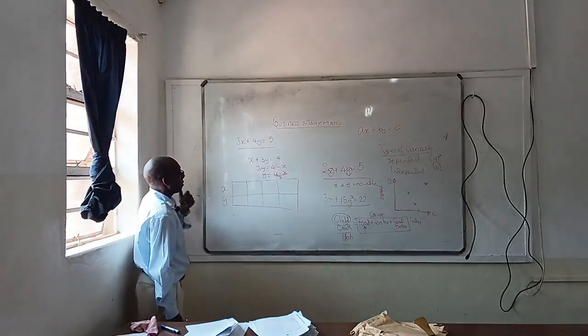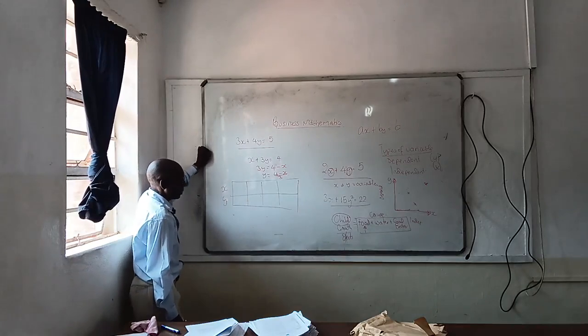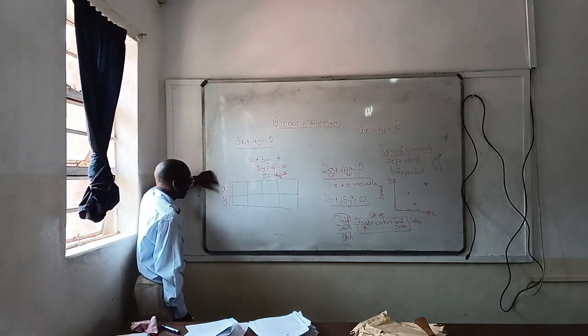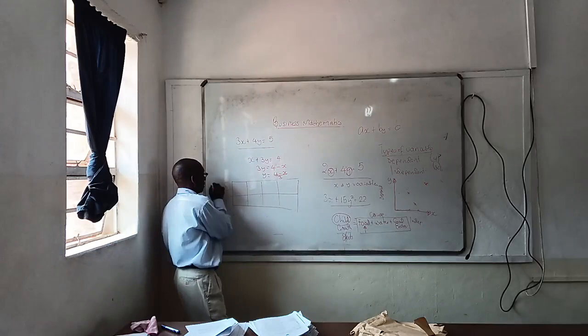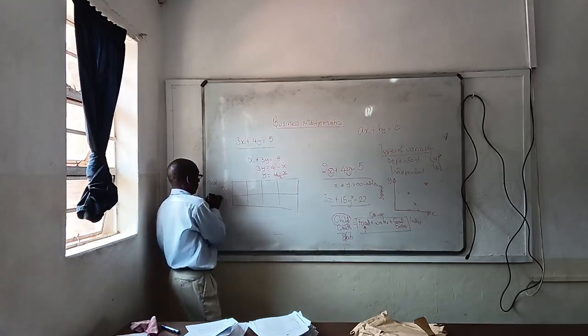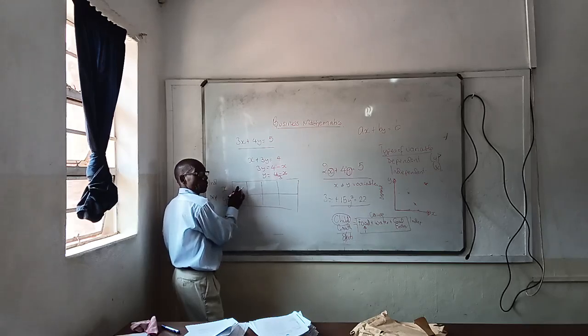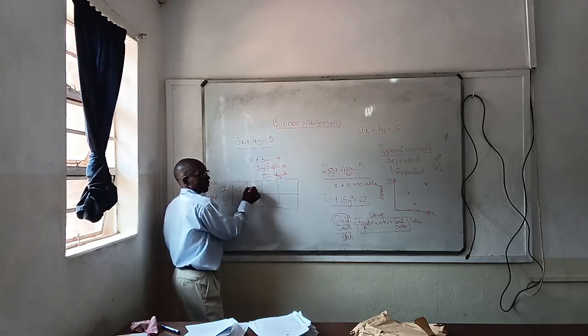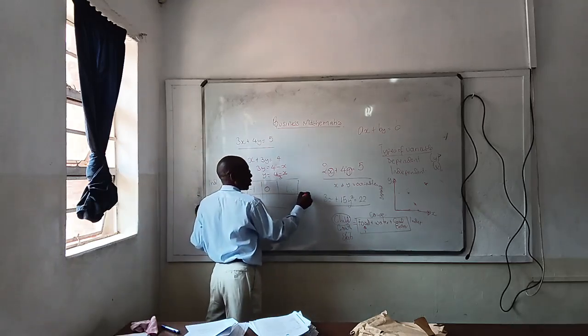Okay? Then here I'm saying that you have got a dependent variable and an independent variable. Let's start here. Independent variables here. Dependent variables here. Alright, here you have negative 2, negative 1, 0, 1, 2.